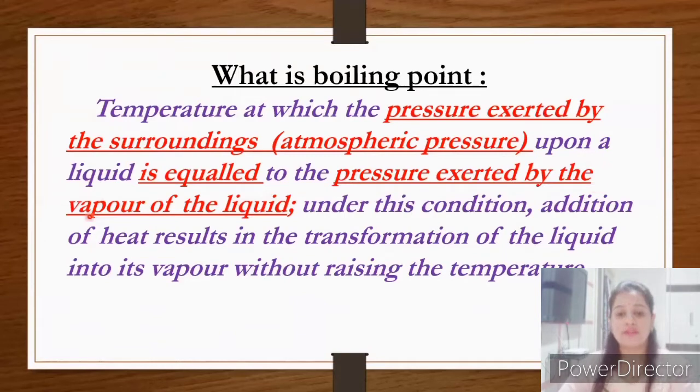Let's understand it in a better manner. What is he saying? That temperature at which the pressure exerted by the surrounding. Now what is the pressure exerted by the surrounding? We all know that we are surrounded by an atmosphere. An atmosphere consists of many gases. These gases, like us, are attracted by the gravitational force towards the earth.